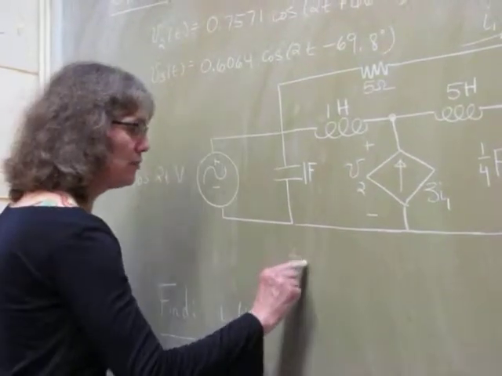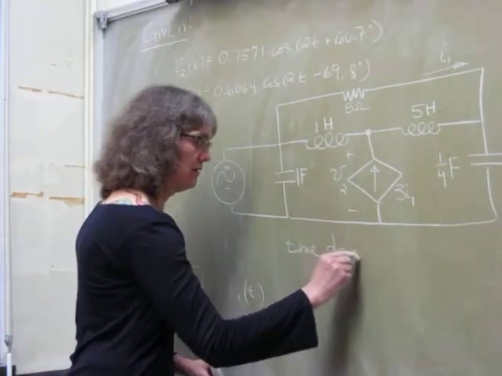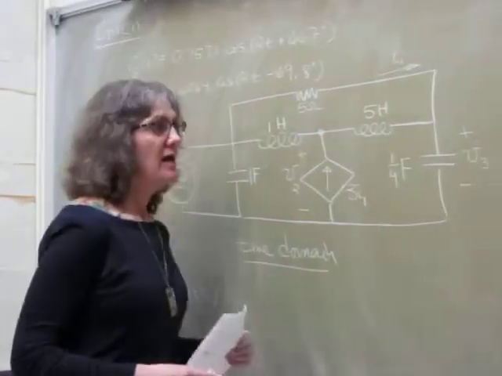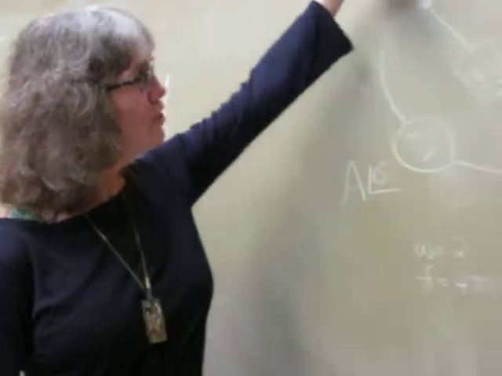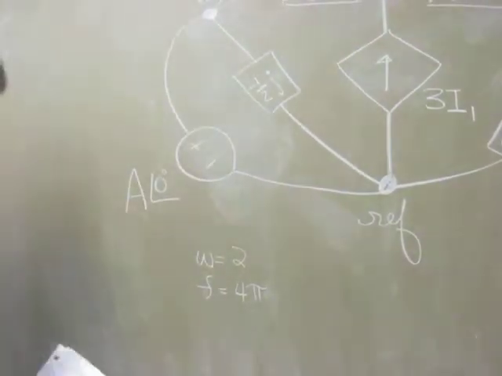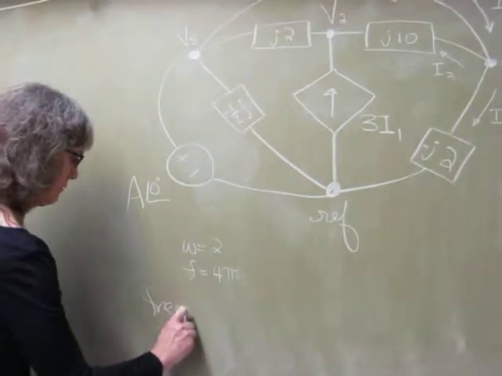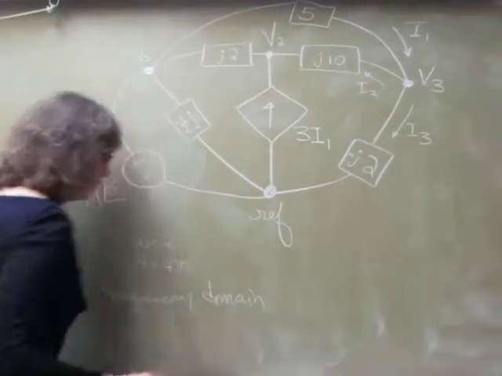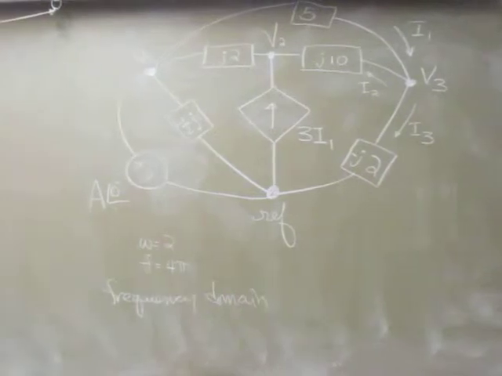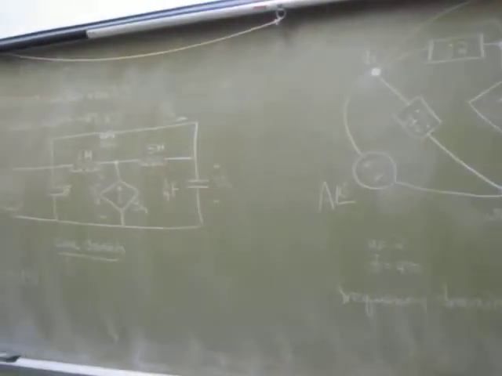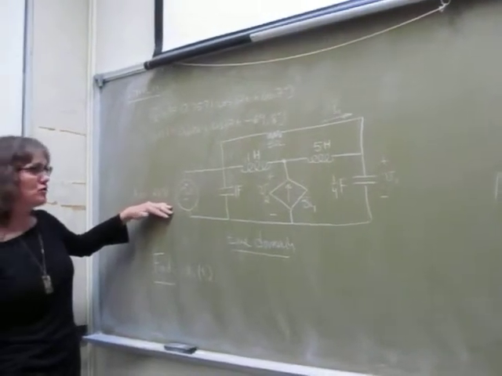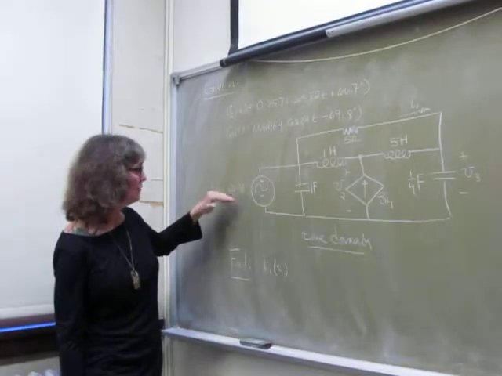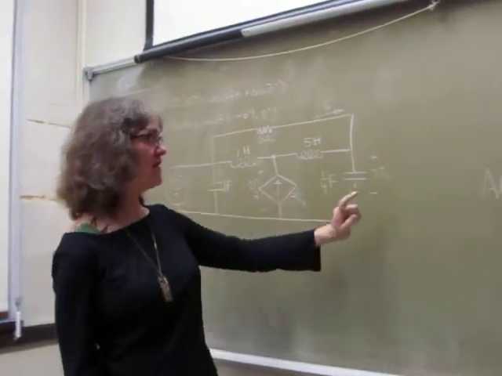This is in the time domain. We can redraw it in the frequency domain. In this case we've only got one voltage source, and we transform the voltage into its equivalent phasor.